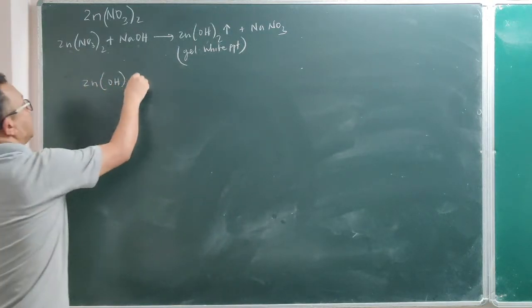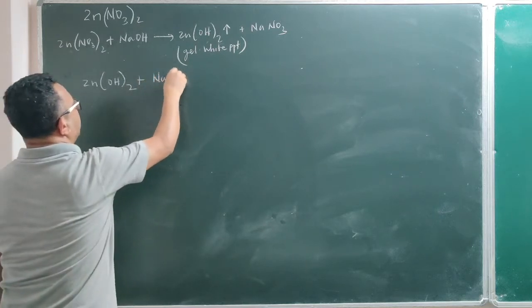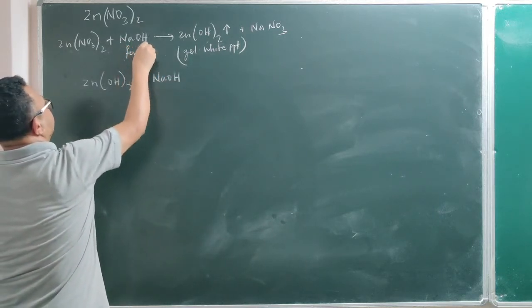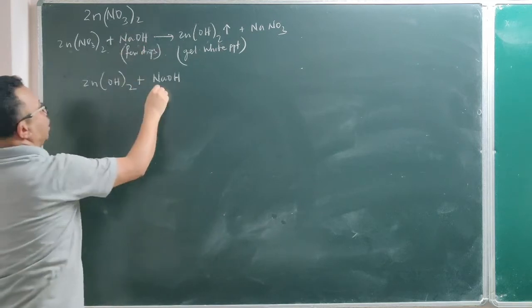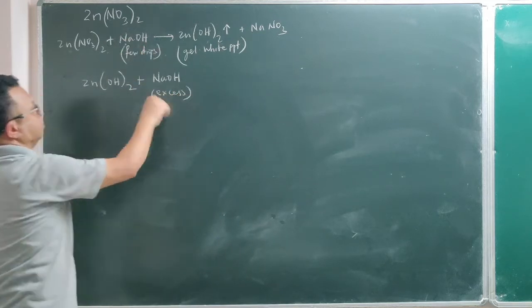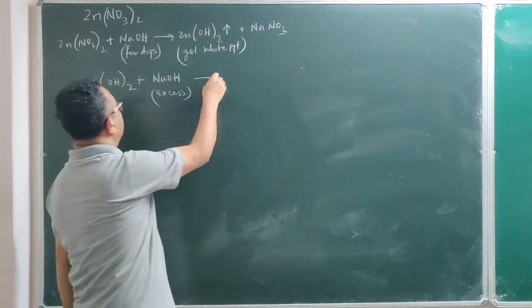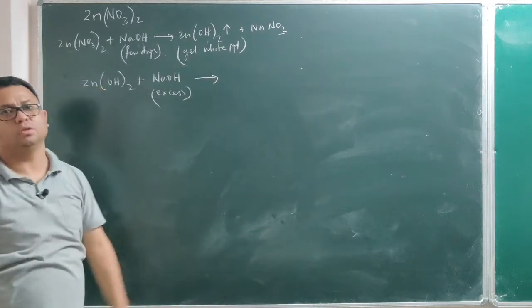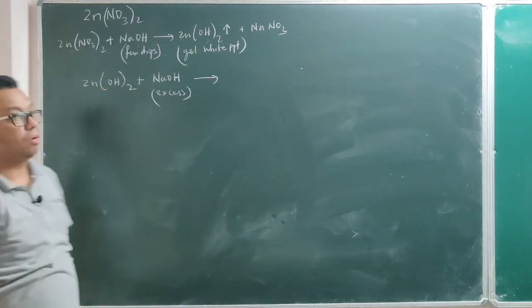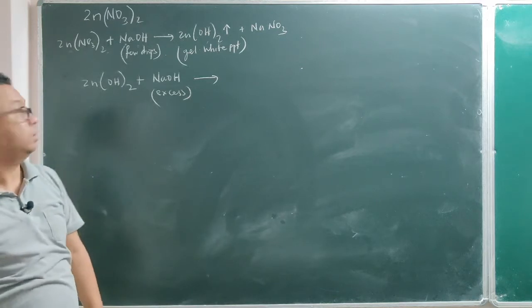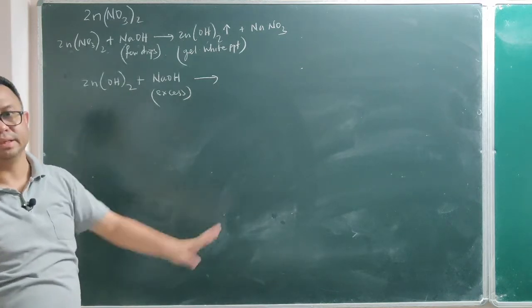So this zinc hydroxide, when you add excess of sodium hydroxide, this was few drops. Previously you added a few drops, now here you are adding excess, plenty. Now the reaction between the two: this one is also a base, this also a base. A special compound is produced, and that is called sodium zincate.